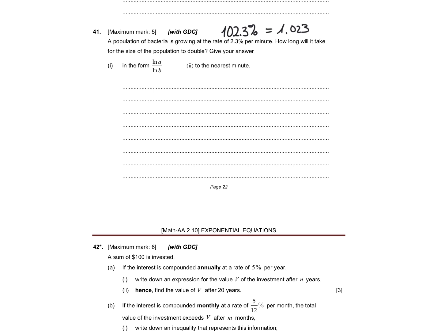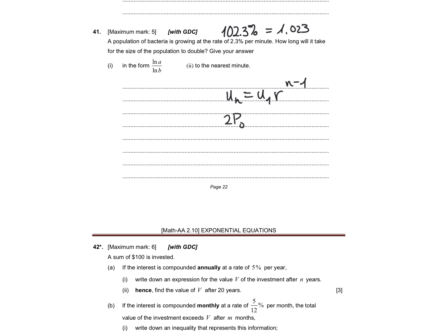So we can do the Un equals U1 R to the n minus 1. And we will have that we want the population to double.